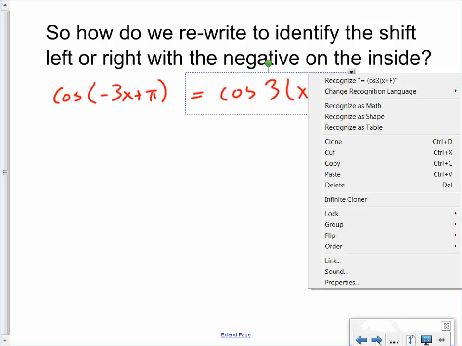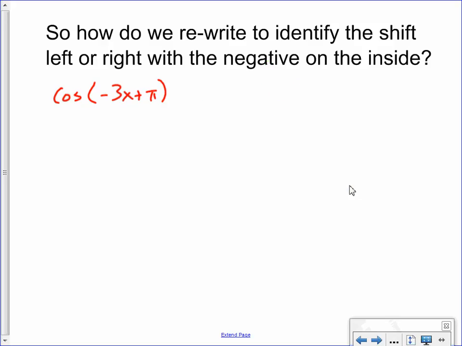Okay, delete. All right. If you take out the negative 3, then you would have cosine of negative 3 times x minus pi over 3. Since the negative doesn't matter in the cosine, you could just remove the negative from everything, and that's the same thing as cosine of 3x plus pi over 3.